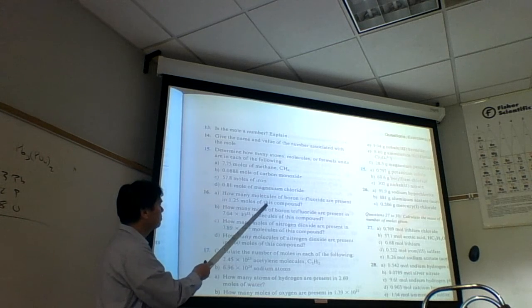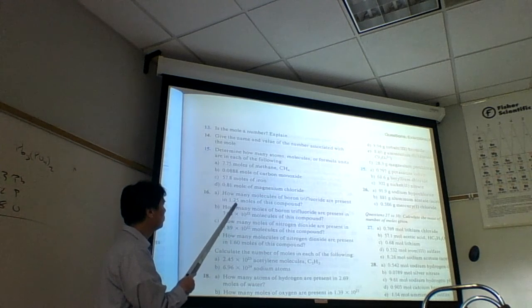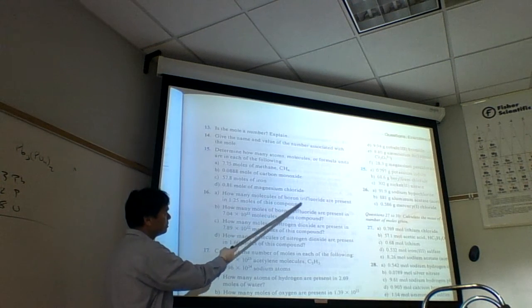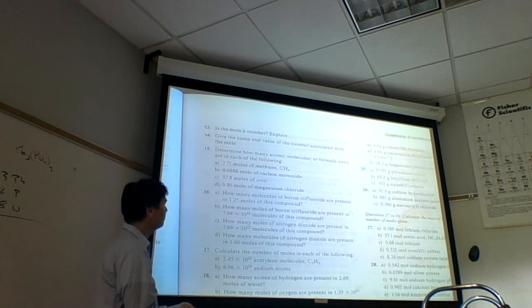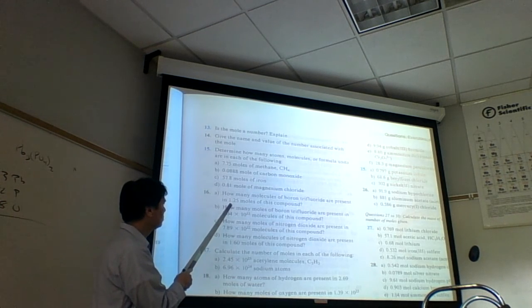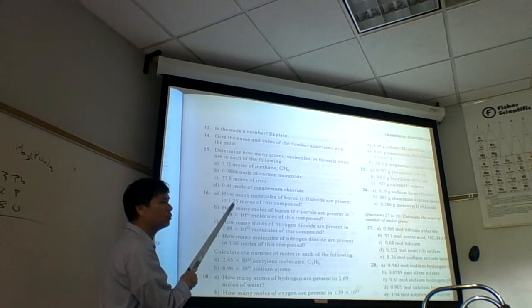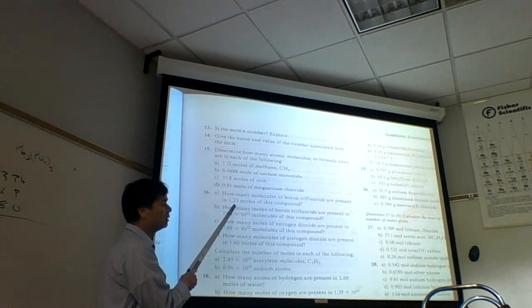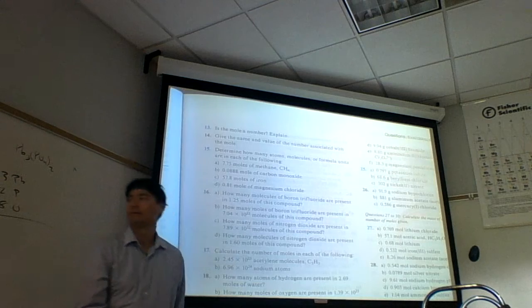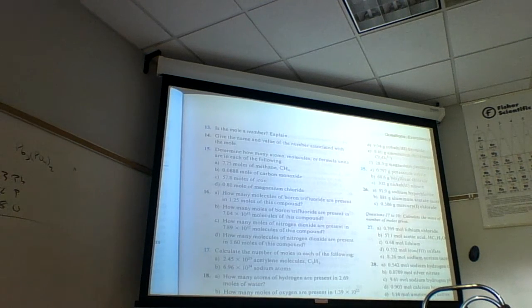Question 16: how many molecules of boron trifluoride are present in 1.25 moles of this compound? Boron trifluoride is a molecular compound, BF3. So 1 mole is 6.022 times 10 to the 23rd, plus a quarter mole. In other words, we do stoichiometry. This is the beginning of stoichiometry here.